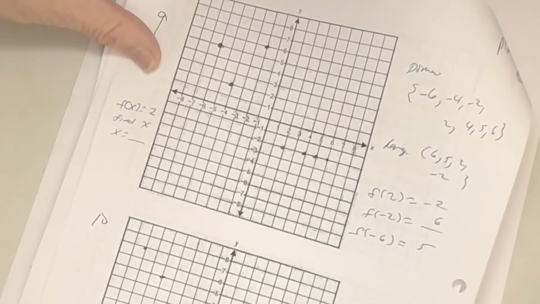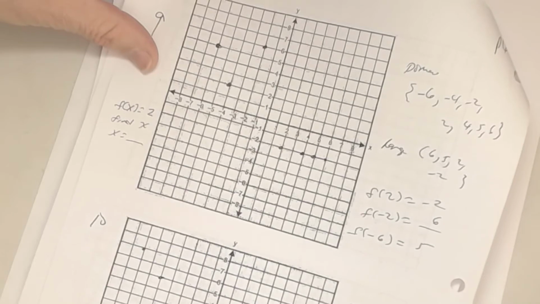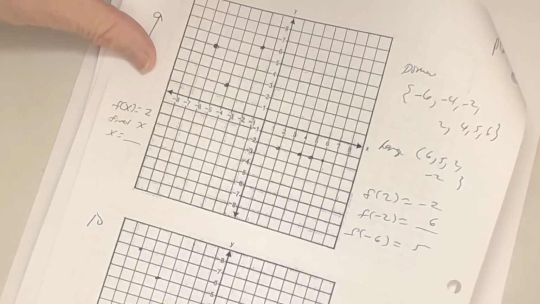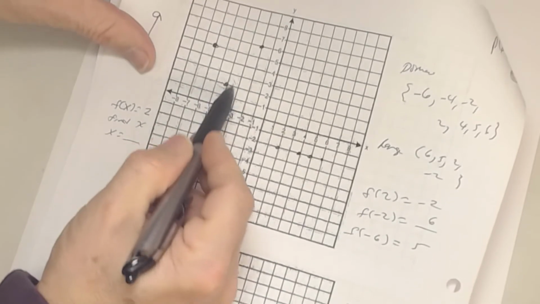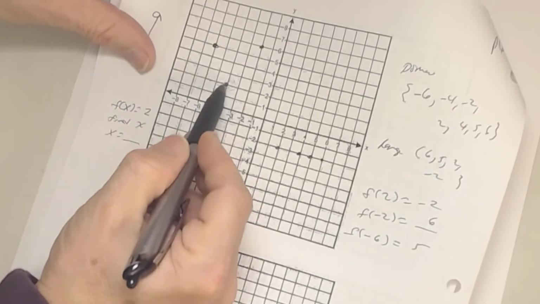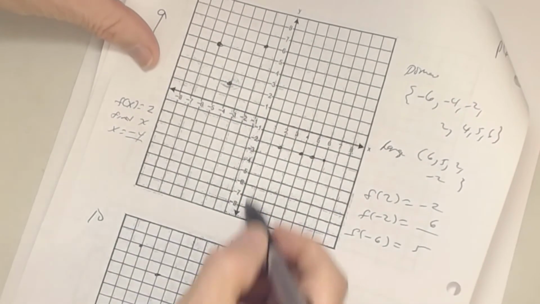What do you think x equals? If f of x equals 2, remember that means y is 2. So when y is 2, what is x? -4. Because here y is 2, right? There's only one point associated with it, right here. What's that x coordinate? -4.